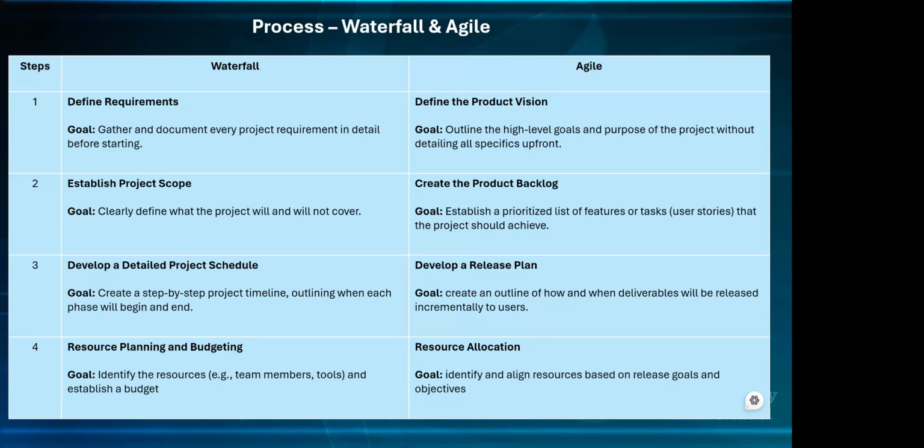To create the product backlog, we know, is to establish a prioritized list of features or tasks, the user stories, that the project should achieve. So this is what we want to do, and these are the list of things that we need, and they also gather requirements. We know in agile we also gather requirements.